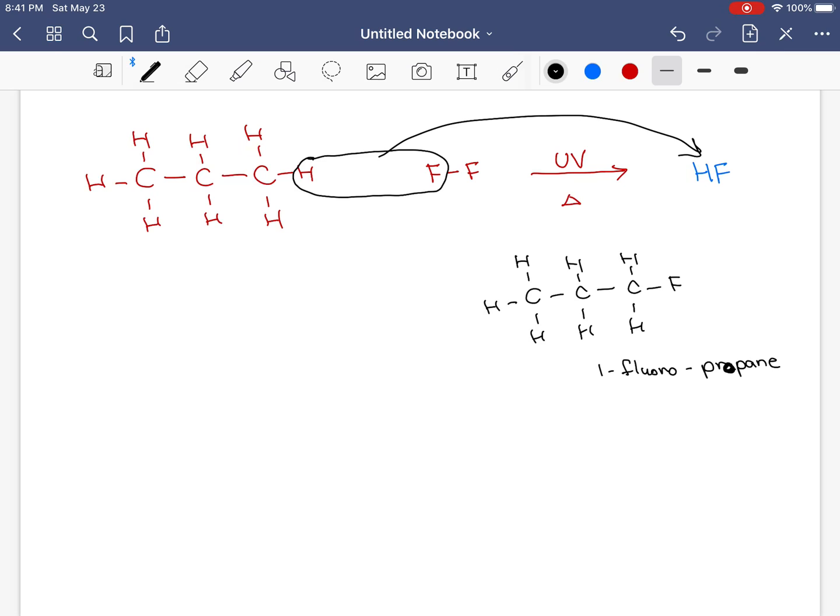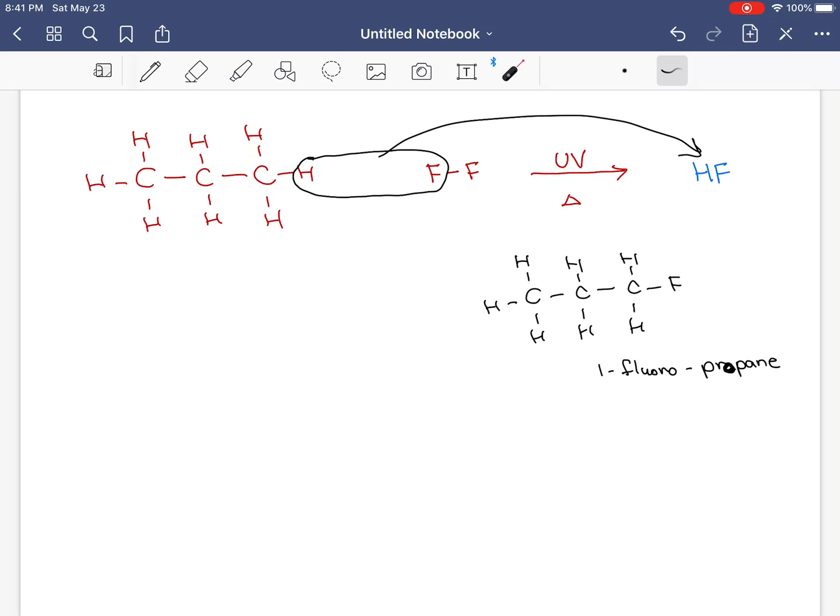Now, this is the tricky part about organic chemistry. Is it always this that is substituting? Can it be this? Can it be this? You know what? Certainly. Nobody said that this H has to be the one that gets substituted.